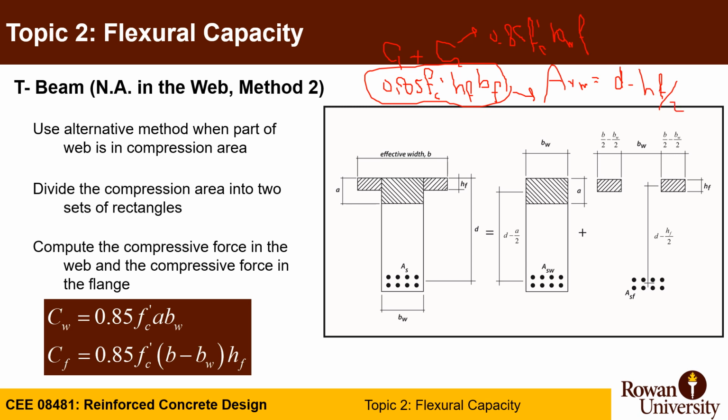However, for the second force, the arm will be d minus hf minus f over 2. And for moment, Mn can be the summation of C times arm. In this case it will be C1 times arm 1, C2 times arm 2.